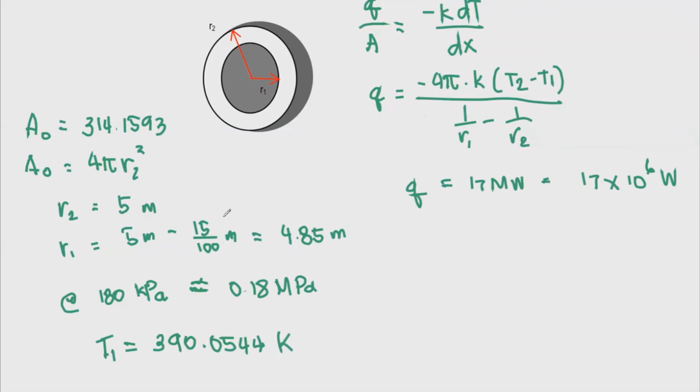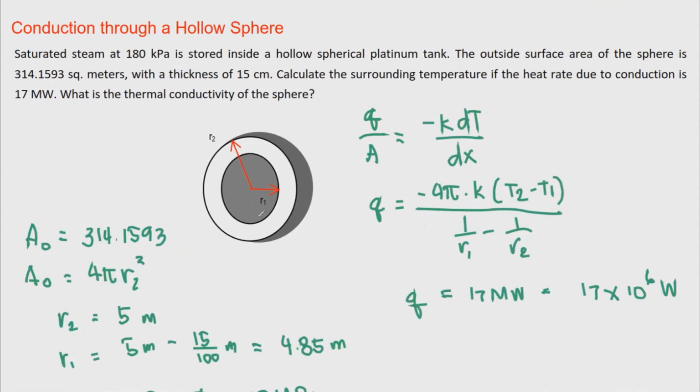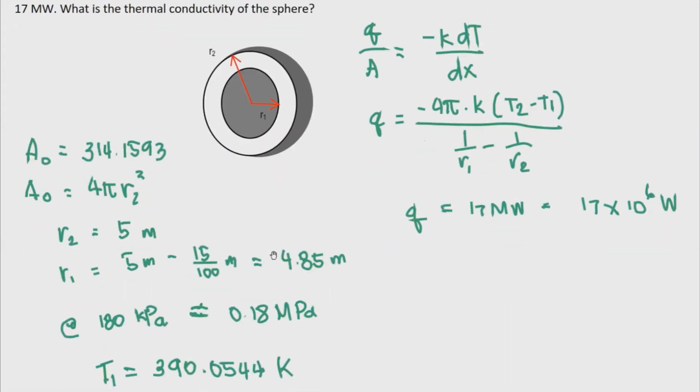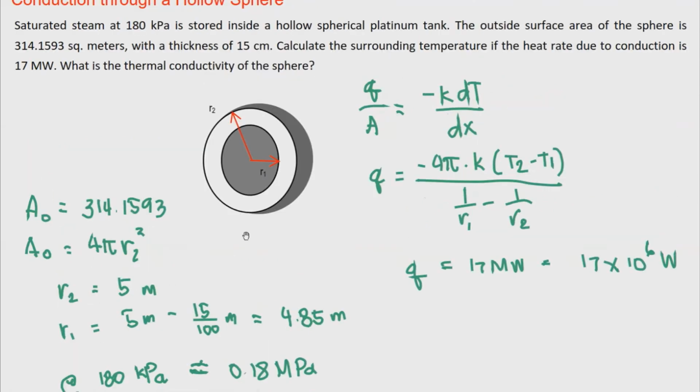So, if you're confused bakit naging T1 siya, no? Sometimes we also have to understand the problem na this is saturated steam at 180 kilopascal. So, when we talk about steam, alam natin na medyo mataas yung temperature niyan. And then, nasa loob siya ng tangke. So, by yung practical setting natin, malalaman naman natin na technically, mainit yung nasa loob.